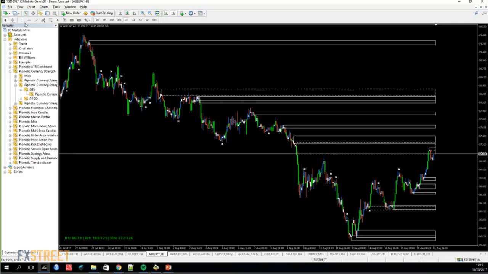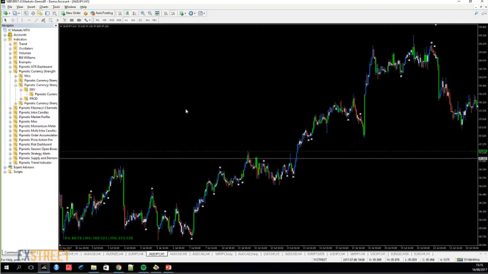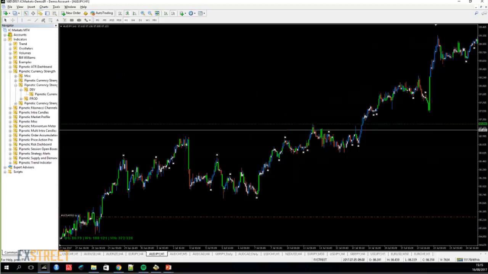But if we mark off the low here, we'll mark off this, and then we're going to scroll back a little bit and see what this was able to accomplish. You can see that price left this area here, and it moved up from here. And this area here is not a terribly interesting area to trade, because price has been trading in and around the area for a long time.